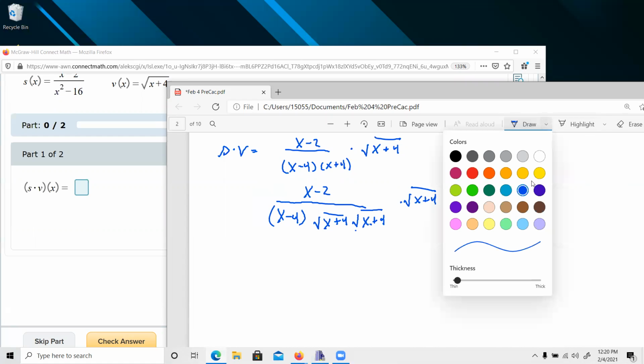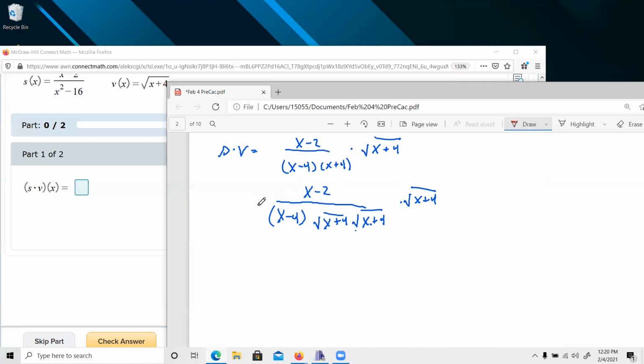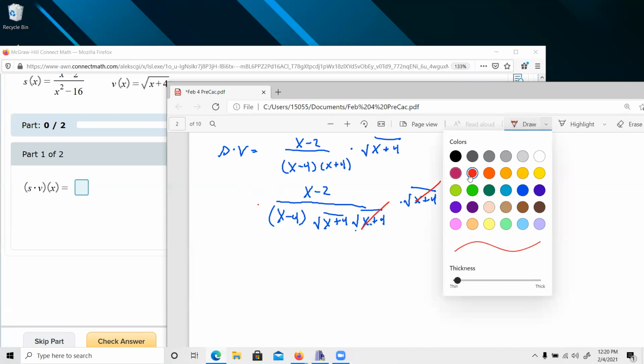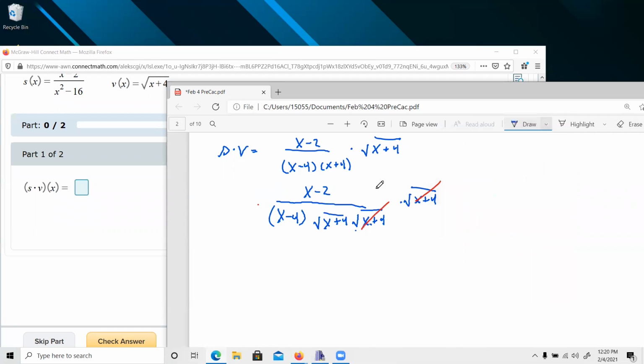We're going to cancel these. So what we really have when we're done here is X minus 2 over X minus 4 times the square root of X plus 4. That's what they want to see for this problem.